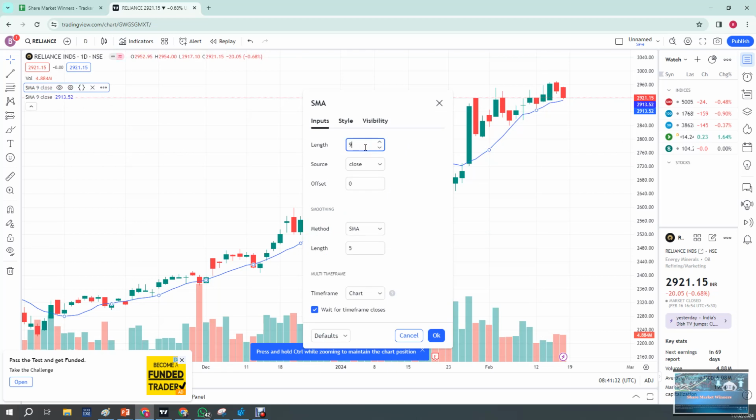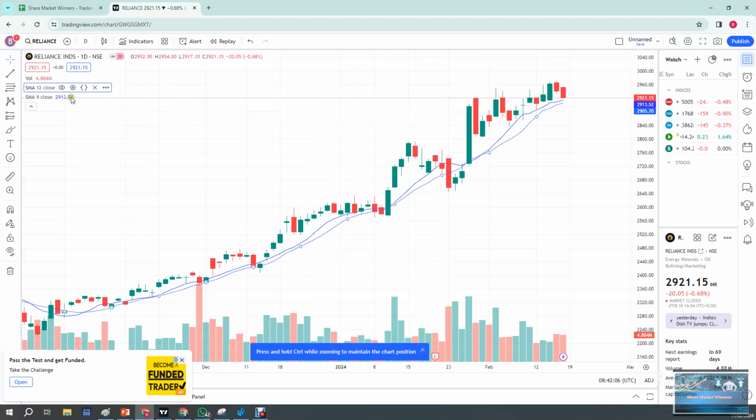Okay. Similarly, you can choose whether it is an EMA or WMA or VWMA. So there are different methods which we can choose. But in an area where you want to understand how the price moves, I normally choose 9 or a length of 12 days moving average.